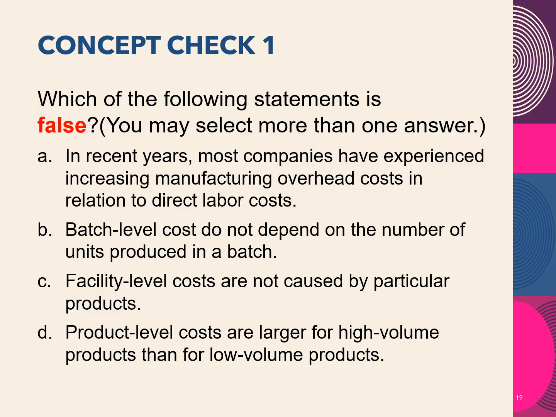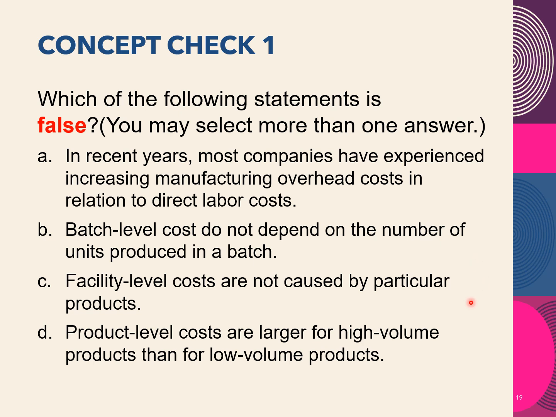Let's do concept check number 1. Which of the following statements is false? You may select more than one answer. A. In recent years, most companies have experienced increasing manufacturing overhead costs in relation to direct labor costs. B. Batch labor costs do not depend on the number of units produced in a batch.